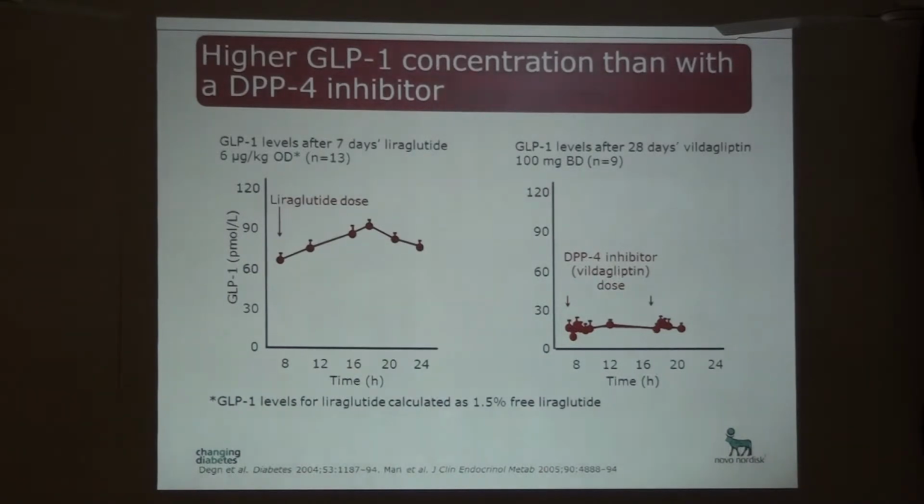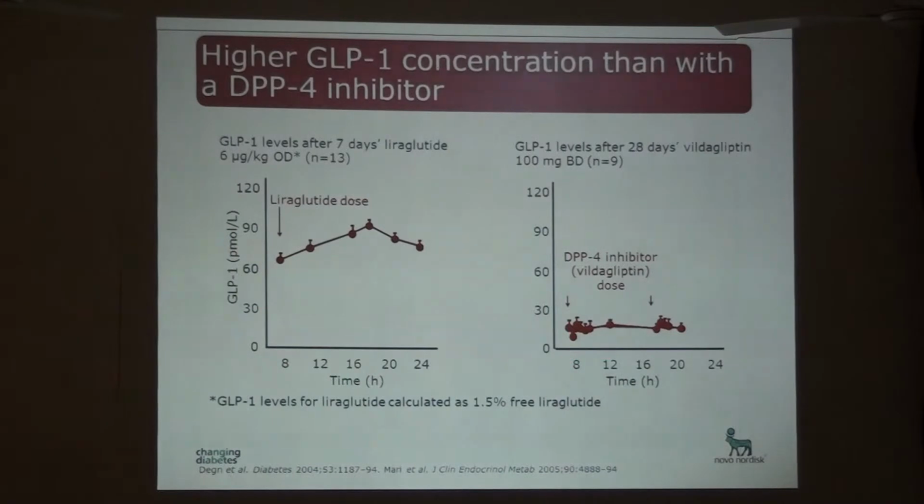Vildagliptin was given for 28 days in a dose of 100 mg twice daily, and liraglutide was given in a dose of 6 microgram per kg for 7 days. And after that, the therapies were stopped and GLP-1 levels were measured in the body.